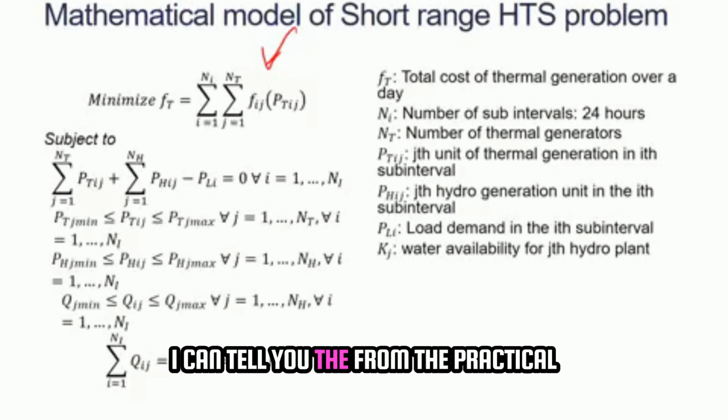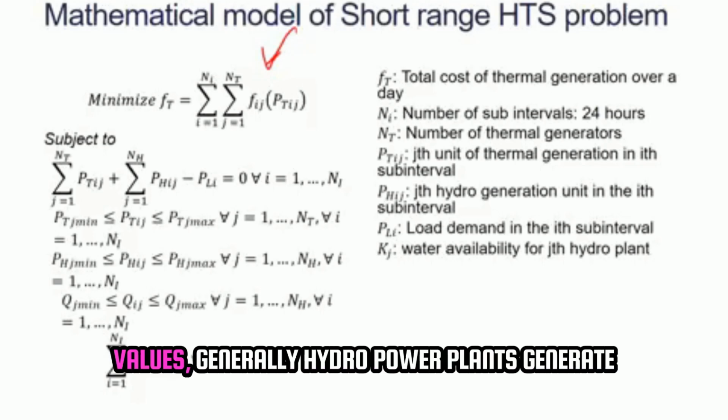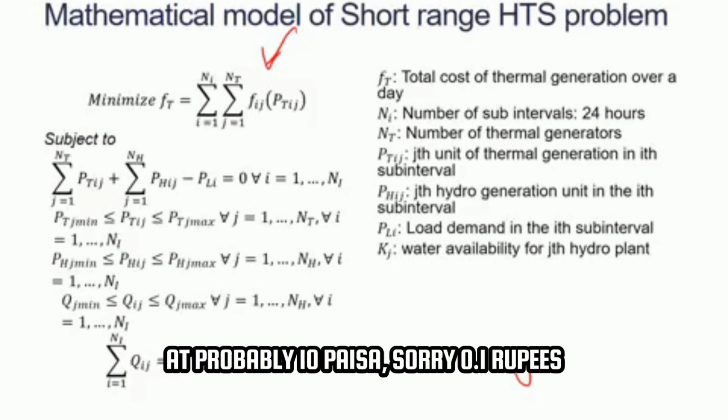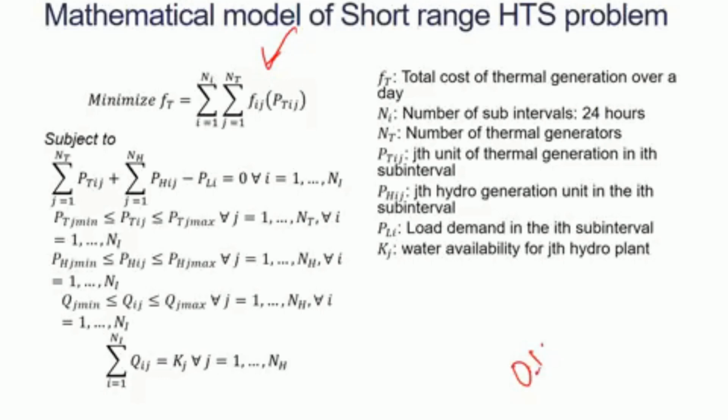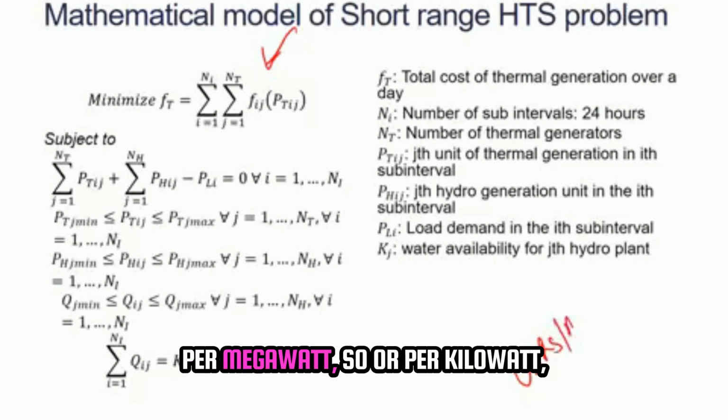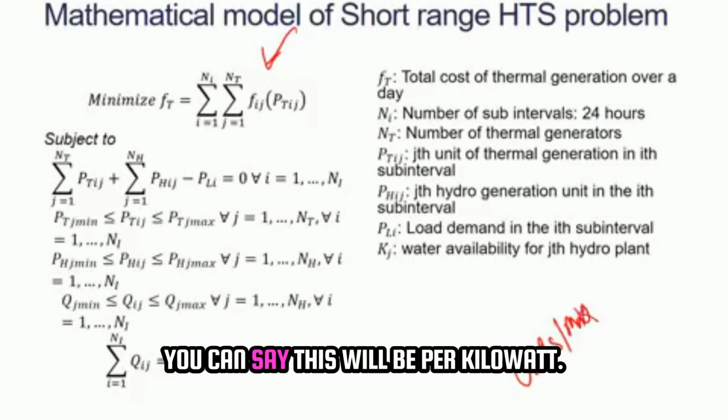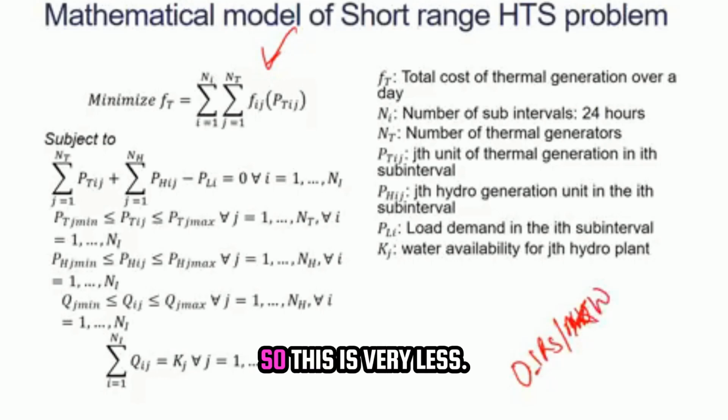I can tell you the practical values. Hydro power plants generally generate at probably 0.1 rupees per kilowatt, and even lesser than that, 0.05 rupees per kilowatt. This is very low.